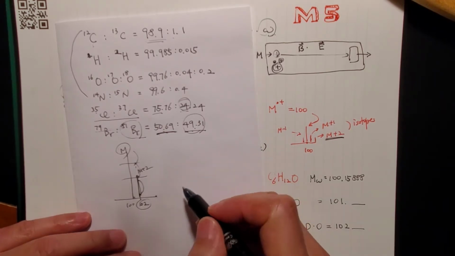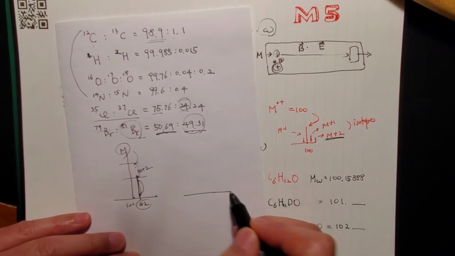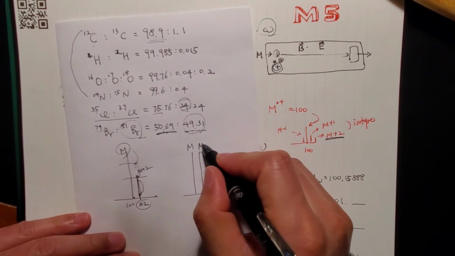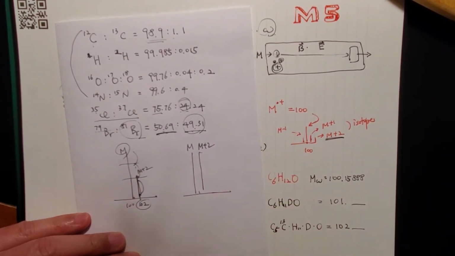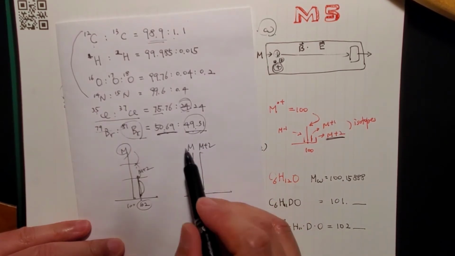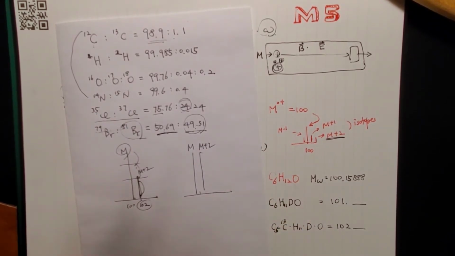Okay, if you have a bromine, then you should have M and the M+2. M+1 might be small, but M+2 as tall as M, almost like twin towers. Then you know this compound has a bromine in it.